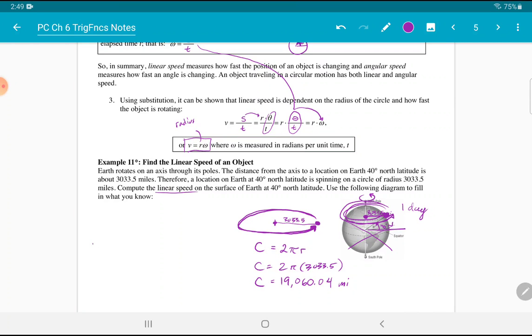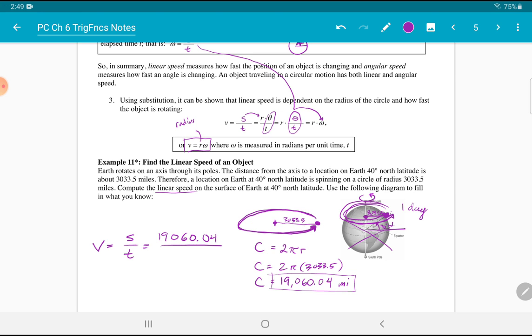So if we think about how we want to find the velocity, v, which is technically equal to s over t, we have now found that it's going to take 19,060 miles to actually get around the Earth at that point. So that's going to represent our s, our distance, our arc length, right? Our arc length is going around the circle at a length of 19,060.04 miles.